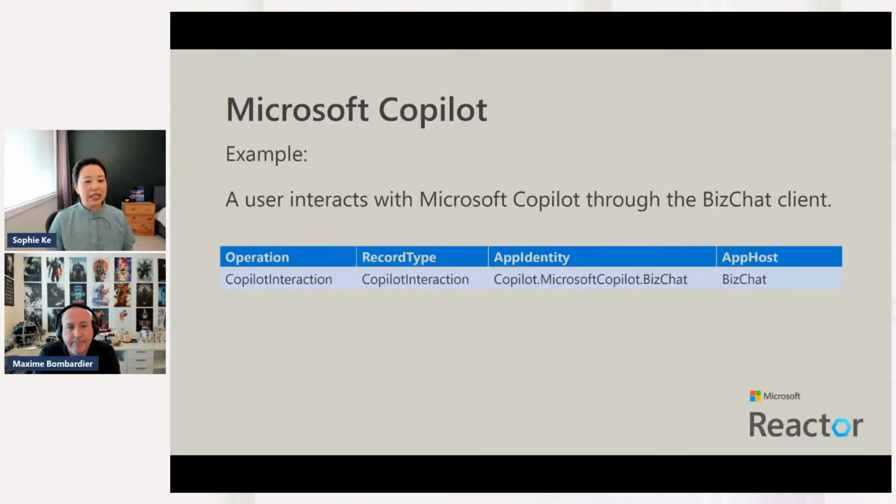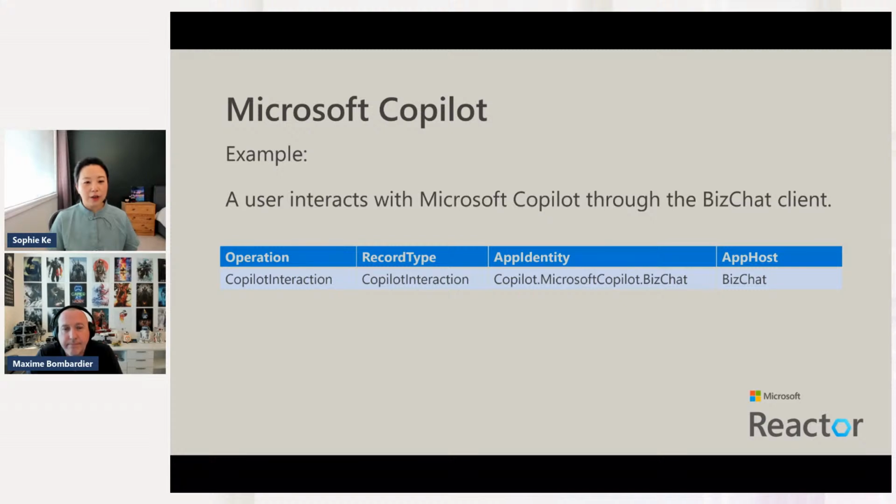This is just an example, but you can search and find specific types of interactions if you're interested. If you just want to see interactions of users with Microsoft Copilot through the BizChat client, there is a specific app identity, Copilot.Microsoft.Copilot.BizChat, or you can use the app host as a filter to find those as well.